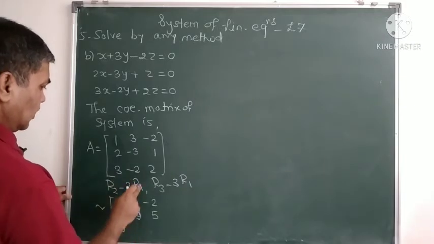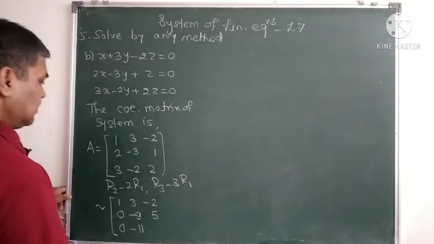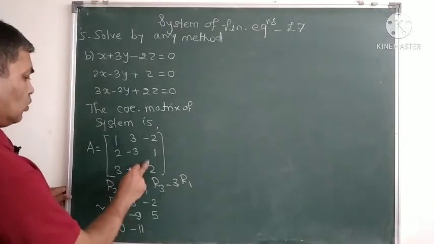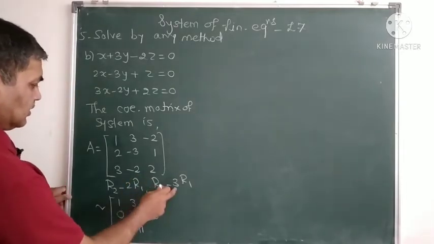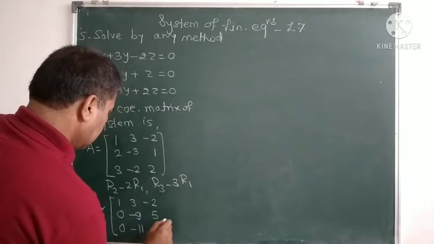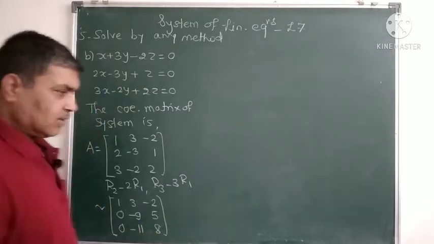Okay, so that will be minus 11, and then lastly 2 plus 6, 8. We will get this one.